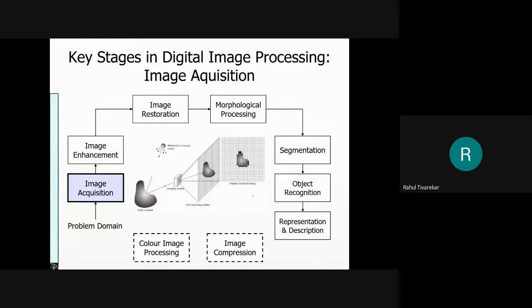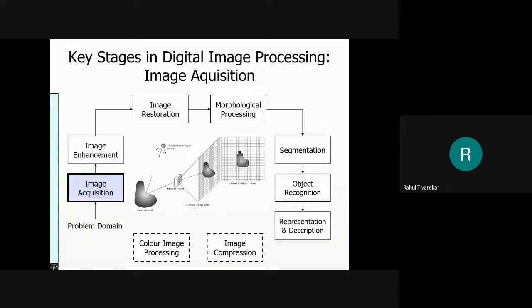So as I said, first part, as it is highlighted here, is the image acquisition. As I said earlier, we will have some kind of sensor. Suppose light is generated from the source. It may be the sun, or it may be another man-made source such as a tungsten filament light or tube light or any other.